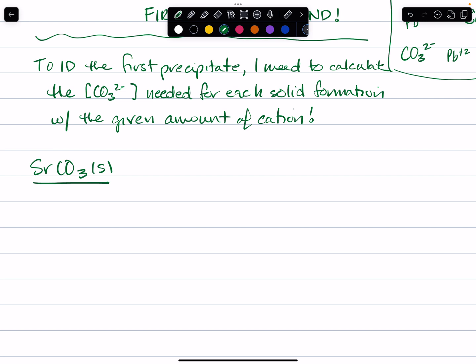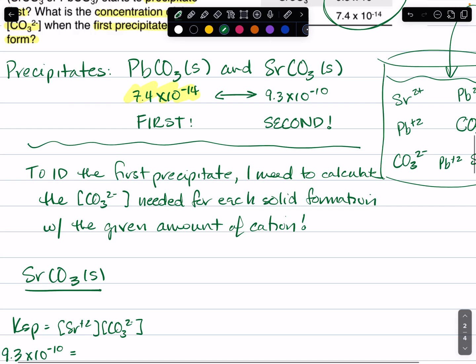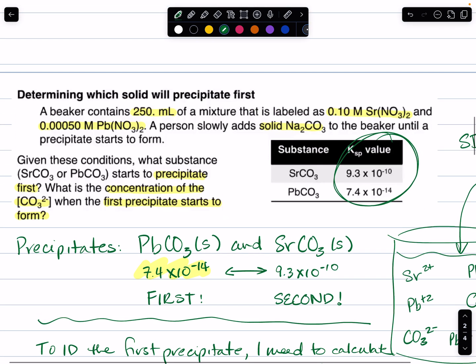The KSP is going to be equal to the concentration of strontium ions times the concentration of carbonate ions. We could write out our dissociation reaction here, and it's 1-to-1, so I don't have any squares or cubes. I'm going to plug in my KSP value, 9.3 times 10 to the negative 10th. Going back to the problem, how much strontium is here?